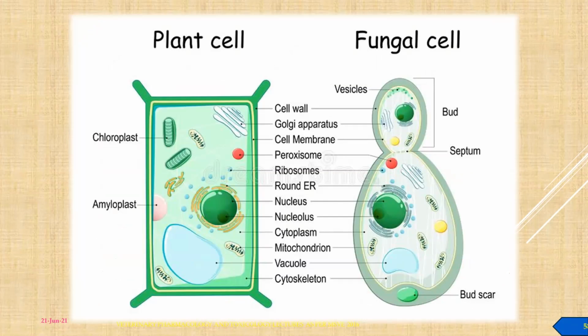So it contains the cell wall, Golgi apparatus, cell membrane, peroxisomes, ribosomes, endoplasmic reticulum, nucleus, cytoplasm, mitochondria, vacuoles, then cytoskeleton. All these structures are very similar to the plant cell. So this fungal cell is in between the plant and the mammalian cell.